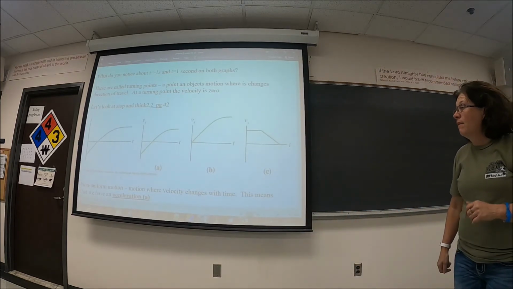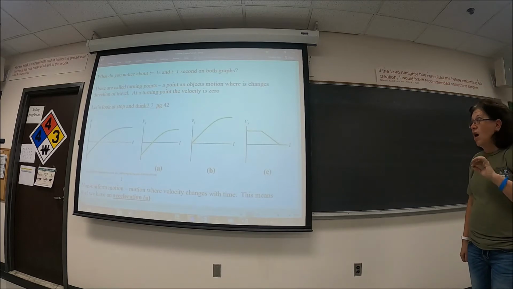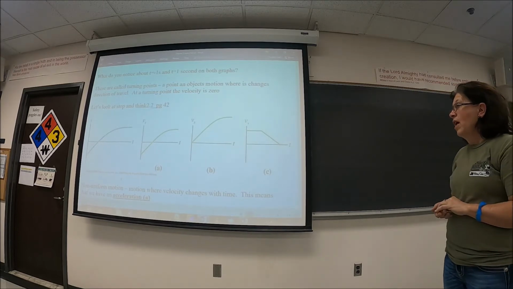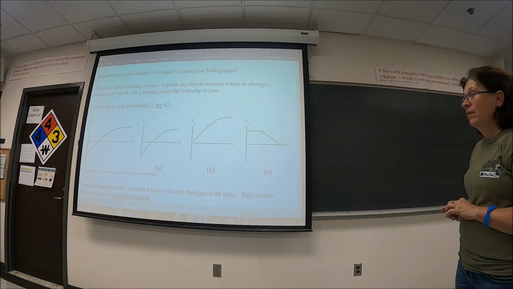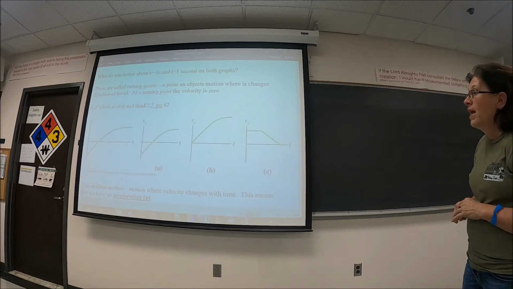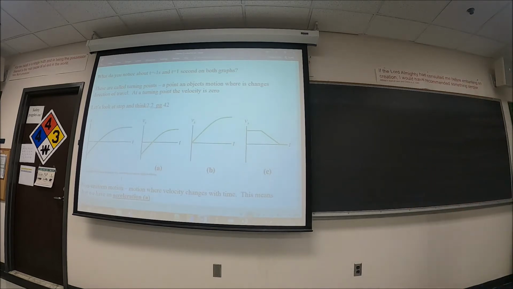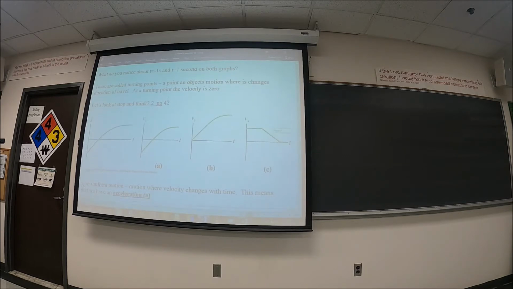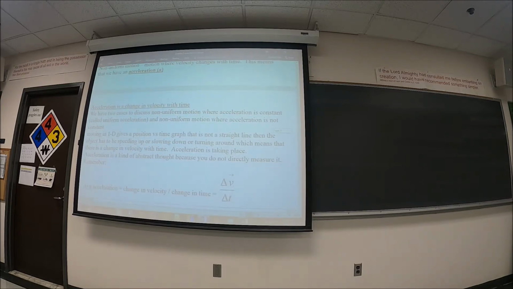All right, now, let's look at non-uniform motion where velocity changes with time. We have an acceleration. Let me scroll the screen up for us so that we have something to work with. Okay?